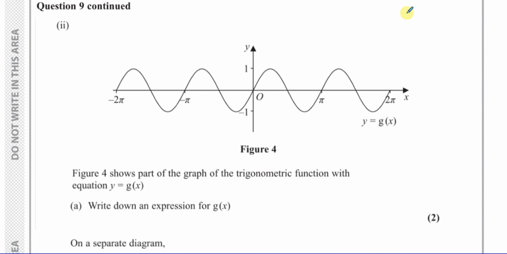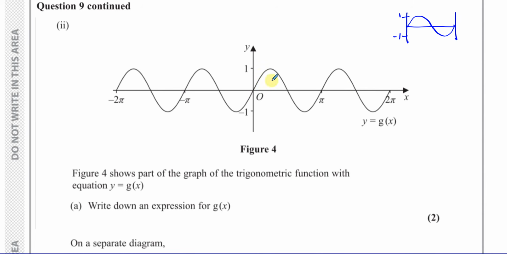Now in this case, we've got to write down the expression for g of x. As I mentioned in the beginning, the sine curve has this shape between 0 and 2 pi, and this has a similar shape, except it's repeated. The sine curve would look something like that, going to a highest of 1 and lowest of minus 1. So vertically it's the same values, but you can fit two of them in one.